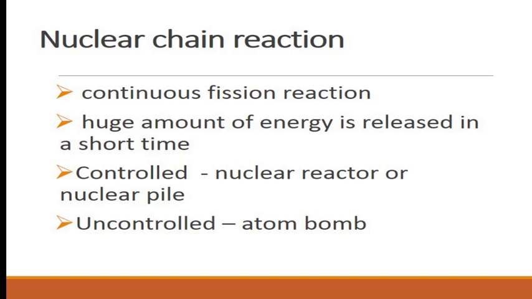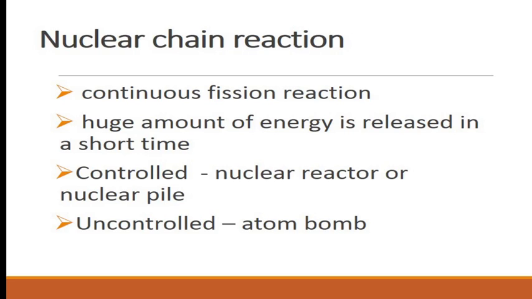Now the three secondary neutrons produced in the reaction can induce the fission of three uranium nuclei, so that 9 neutrons are produced, and again these 9 neutrons can induce another 9 fission reactions, and this process continues. So a continuous nuclear fission reaction is known as nuclear chain reaction.